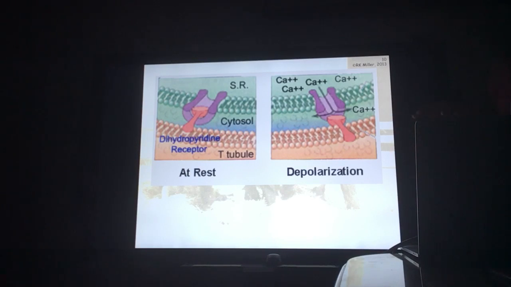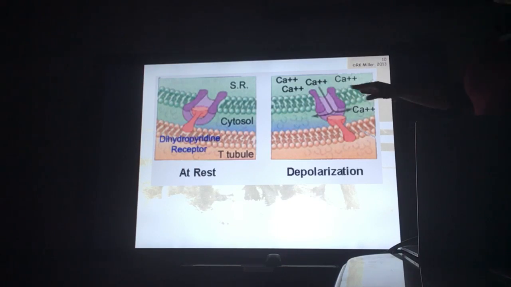The T tubule sits at the A-I band juncture of the myofibril. Remember how on the myofibril we had the sarcoplasmic reticulum surrounding a myofibril, sitting right next to a T tubule, because the T tubule is part of a triad. So a triad is one T tubule and two terminal cisternae.